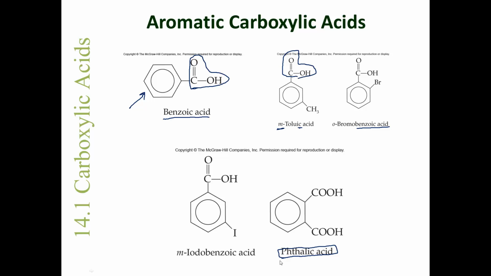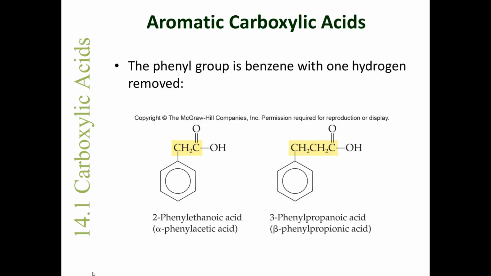All right. So this one gets a little tricky. There are different ways to think of this part. One is, if you focus on this, and this is 2 carbons long, we would look at that and say, oh, that part is aliphatic, and this would be ethanoic acid.